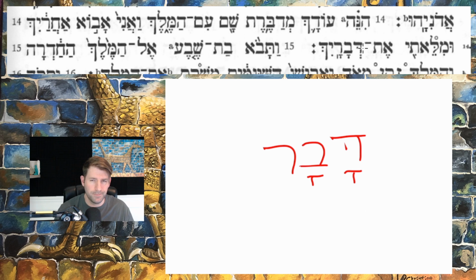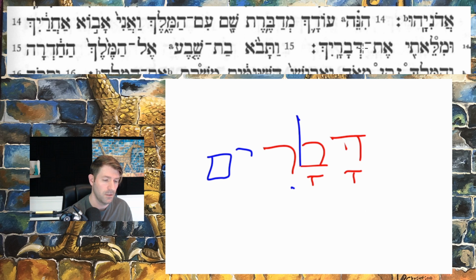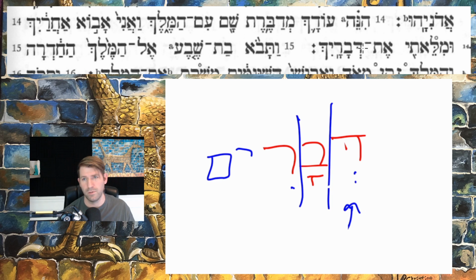Davar is word. If we wanted to make that a plural, put our im ending on. We go to our open propretonic syllable here. If it's a qamets or shva, qamets or tsere, we reduce it, so we get devarim. And right, okay, so then if we wanted to put an object suffix on that, get rid of, oops.